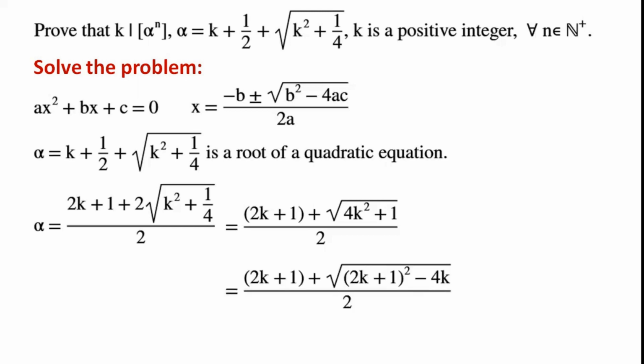And write 4k squared plus 1 as 2k plus 1 all squared minus 4k. Thus, alpha is a root of x squared minus 2k plus 1 times x plus k equals 0.